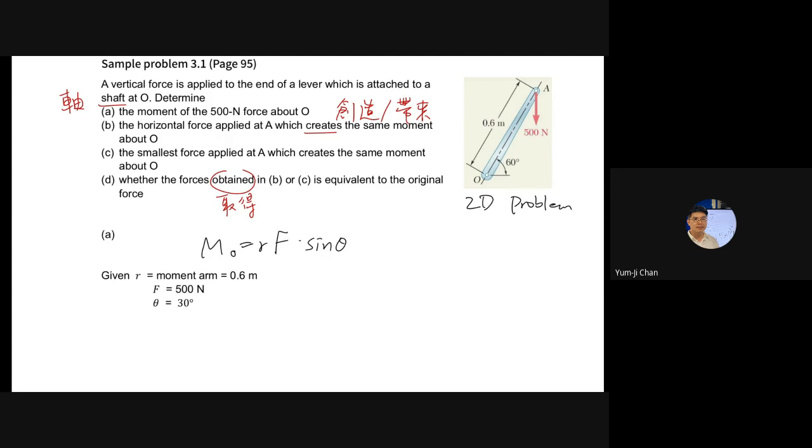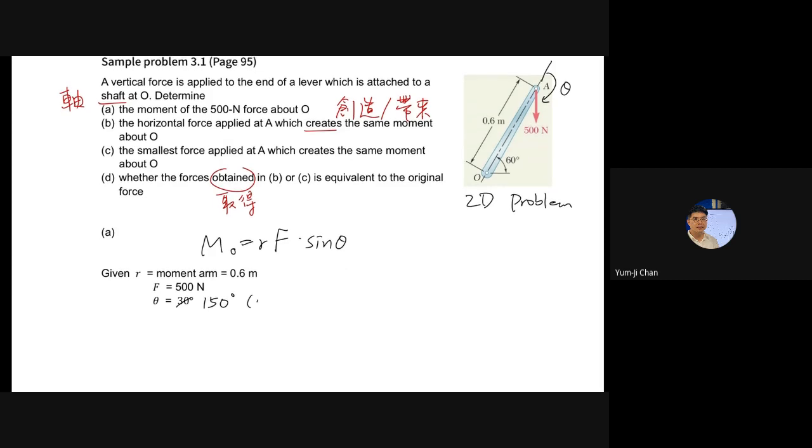You can write theta here, or sorry, the theta should be here. Now, I think you've learned this in high school, so let me go through it quickly. And this one is 150 degrees. If you make it as 30 degrees or 150 degrees, the result should be the same.